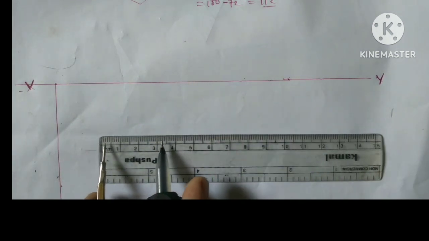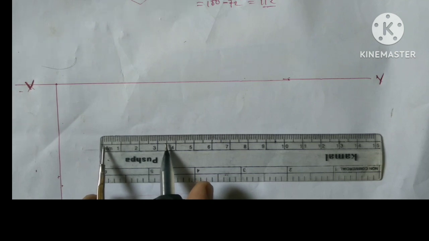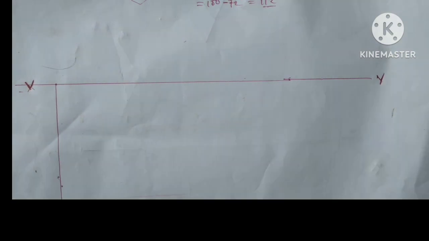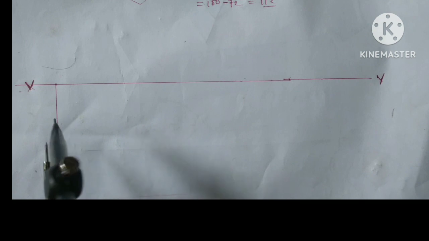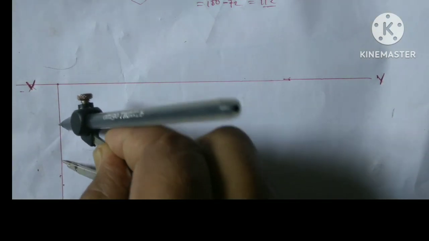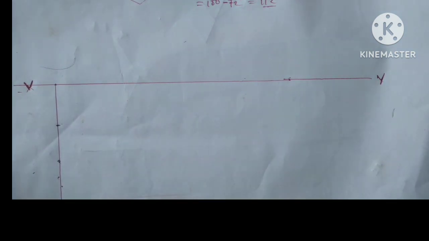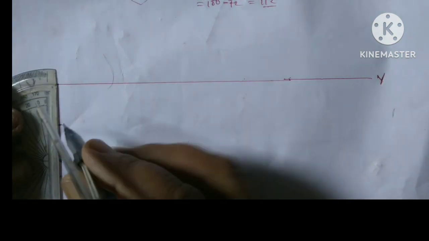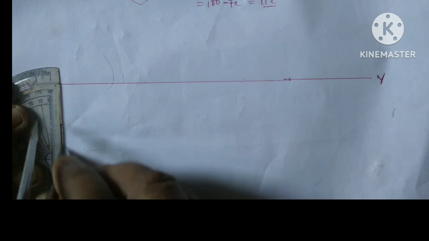Then take the measure 25 millimeter for one side of the pentagon. Then put this 25 millimeter length on the projection line and dark this length because it is one side of the pentagon.